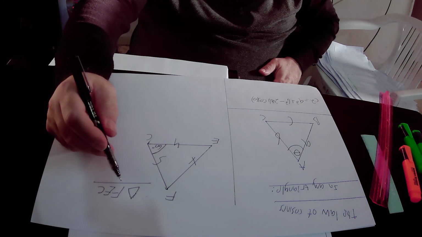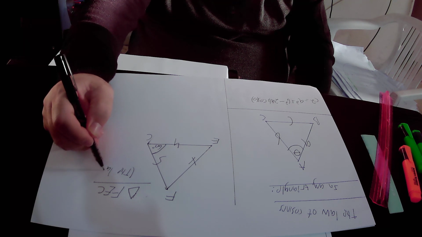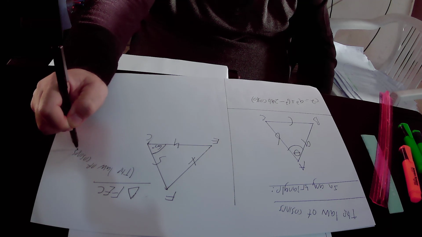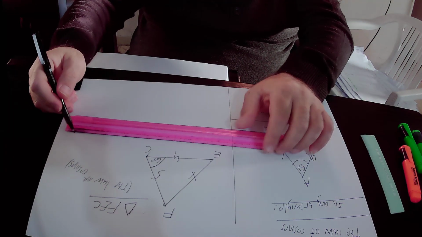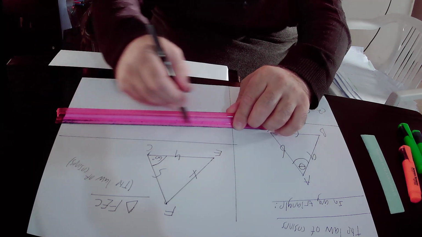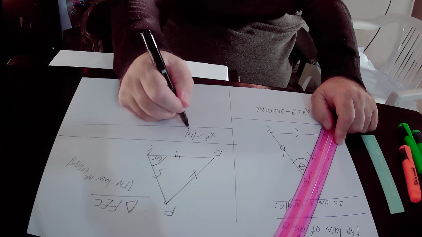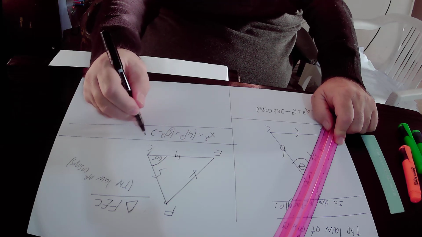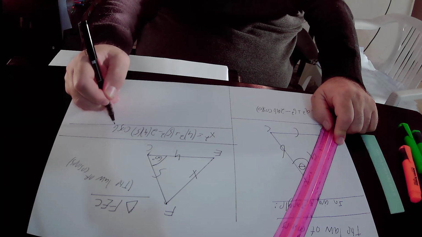So according to the law of cosines, we implement the law of cosines in triangle FEC, so we get here that x squared equals 4 squared plus 5 squared minus 2 times 4 times 5 times cosine 60 degrees.